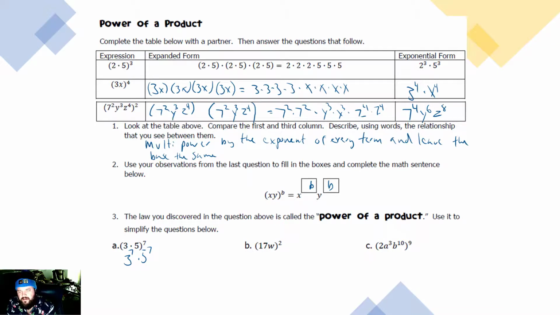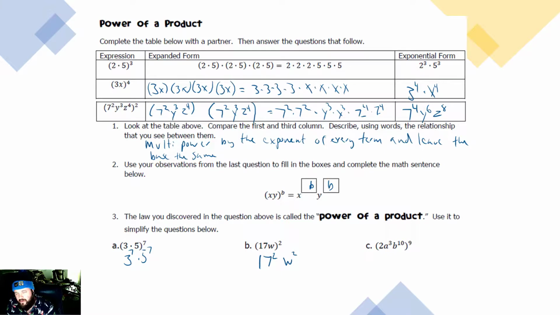We have 17 times w, all raised to the 2nd power. So you could say this is going to be 17 squared times w squared. 2a cubed times b to the 10th, all raised to the 9th power.